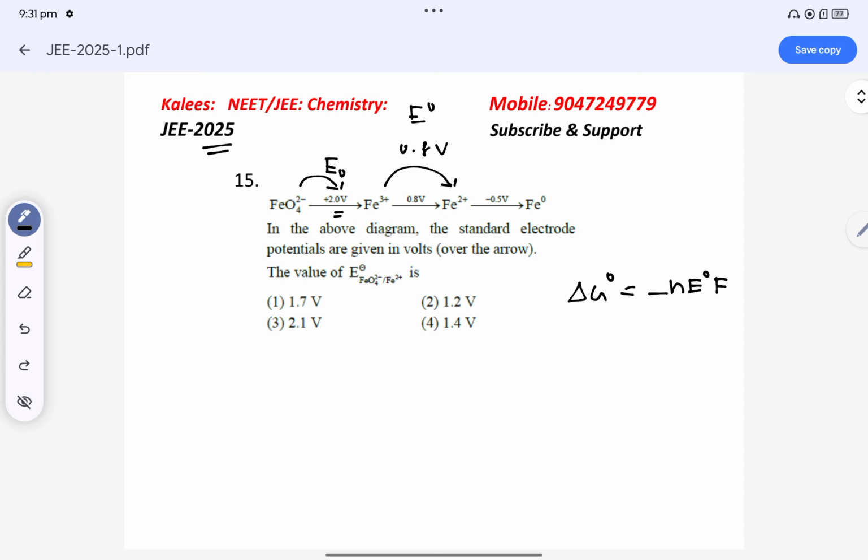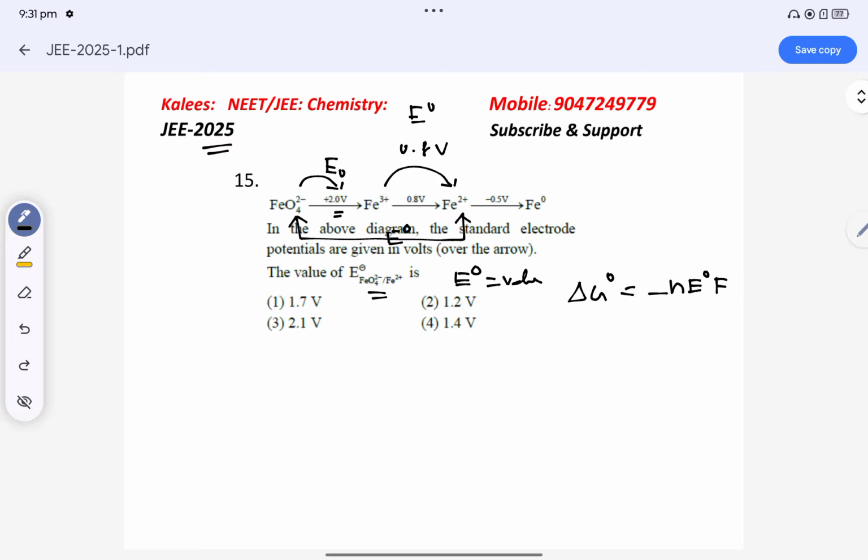What is the question? We need the E naught value for the conversion of FeO4 2- to Fe2+. We will discuss one by one. Clear?